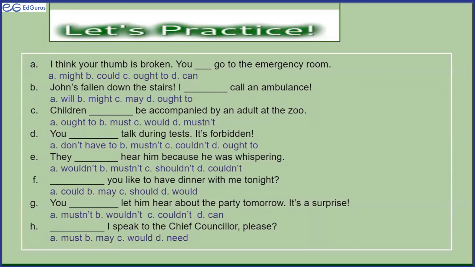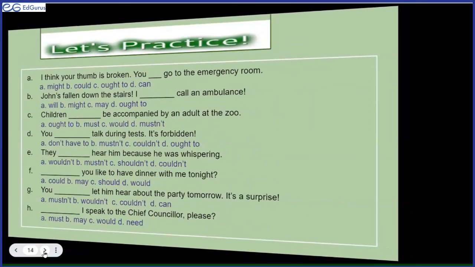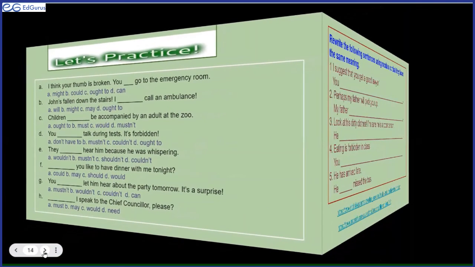You mustn't let him hear about the party tomorrow. It's a surprise. Right? Because you are keeping it a secret. Okay. Dash I speak to the chief counselor, please? May. Because this is a formal permission. Right? Yes, ma'am.